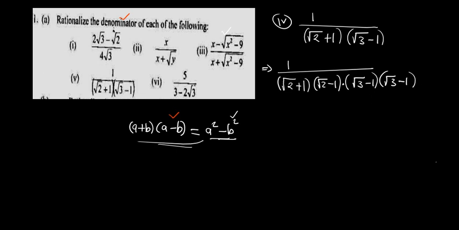Then the same thing that I've done at the bottom is the same thing that I'll need to do on top. So on top, I'll just bring the way it was. The conjugate of this one, I'll write root 2 minus 1.